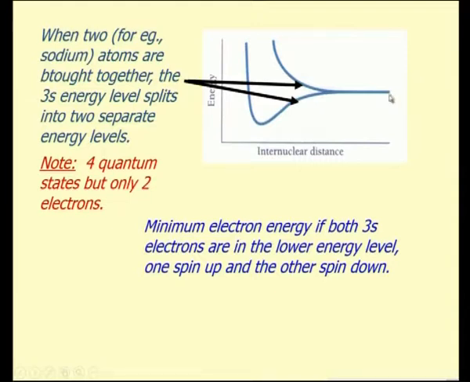But when the distance is decreasing, then we have degeneracy splitting up into two levels. One level is decreasing in energy like this, and the other level is increasing in energy like this, and we have a separation.